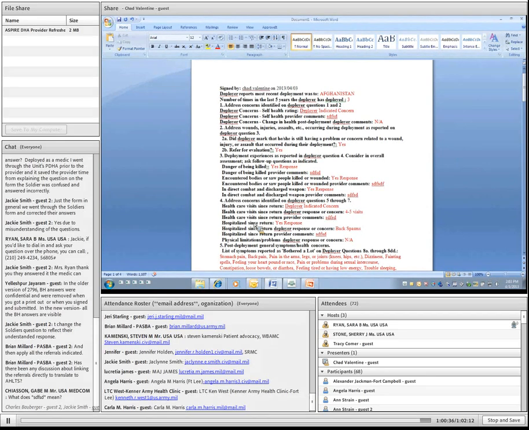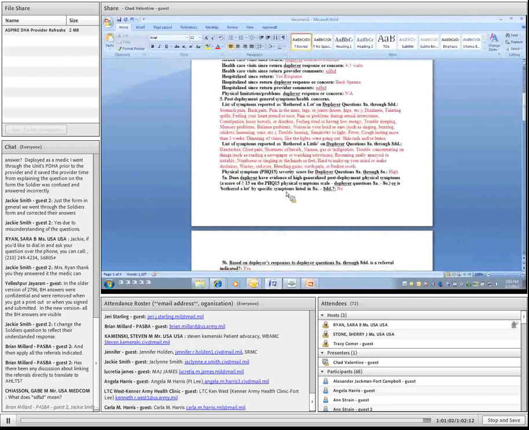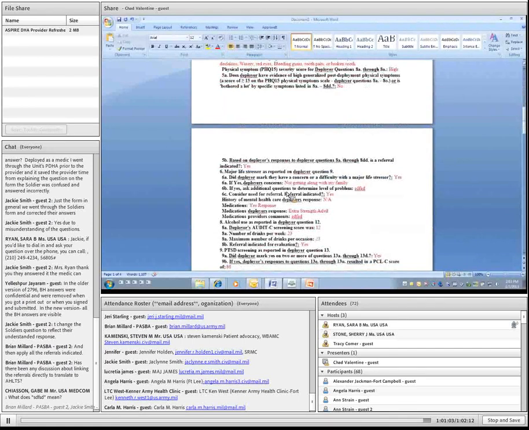Another question was asked, Phil, has there been any discussion about linking the referrals directly to translate into Alta? Well, that's a separate initiative. I think there is an MHS level work order that we worked about a year and a half ago to actually do that. But that'll be a separate task that we have not really gotten any indication of when that will be completed.